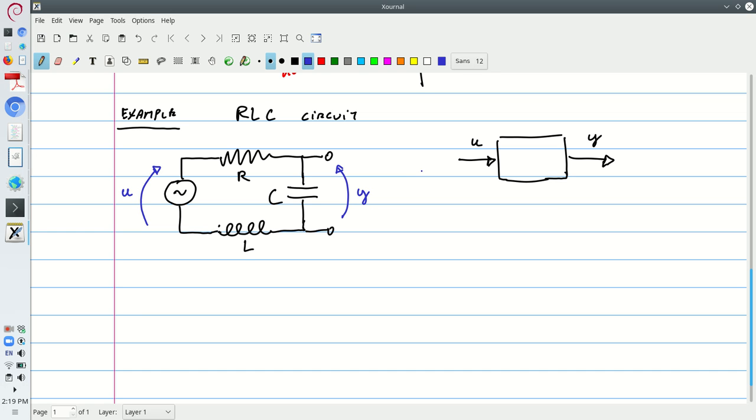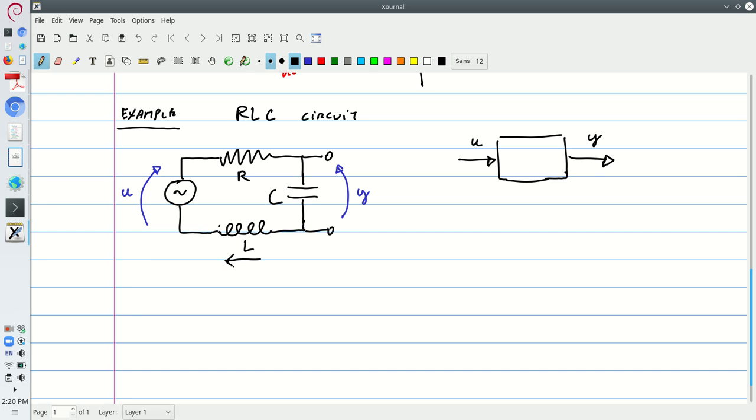Let's find one representation. It's very convenient sometimes to use a state space representation. So the state space representation, at least for RLC circuits, is easy to get, because the only thing that we need to choose as a state is the current that we have in every mesh of the circuit, and on every inductor in the circuit.